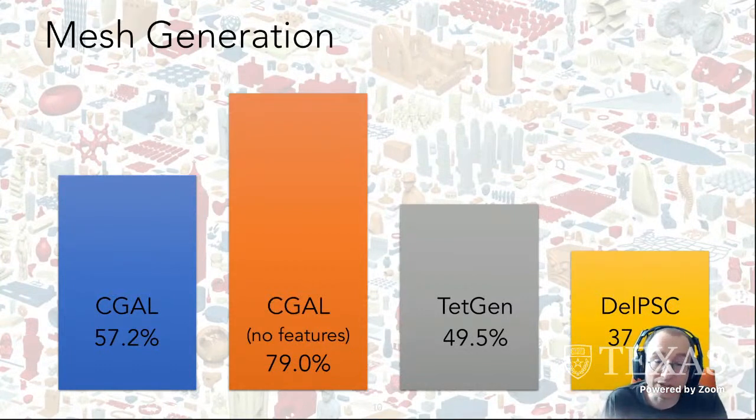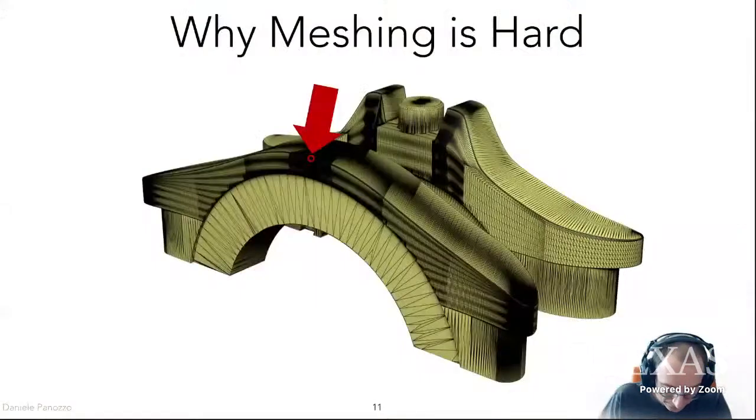Even if you take only 0.1% of ShapeNet, that's going to be way too many models to try to clean by hand to just make them mesh. So we really want to get to a point where things work all the time. And this is the overall goal that you're going to see appear many times during this talk.